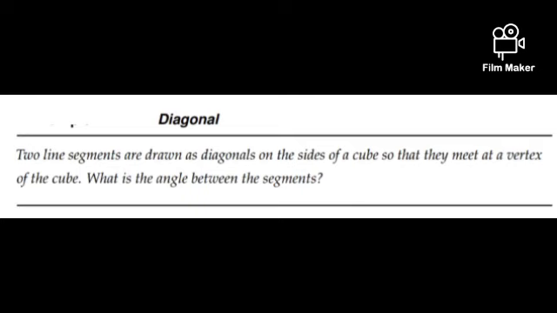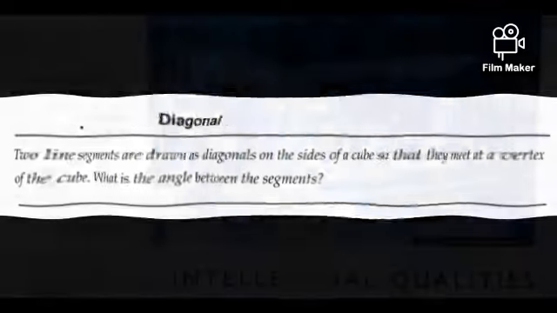And the puzzle reads, two line segments are drawn as diagonals on the sides of a cube so that they meet at a vertex of the cube. What is the angle between the segments?